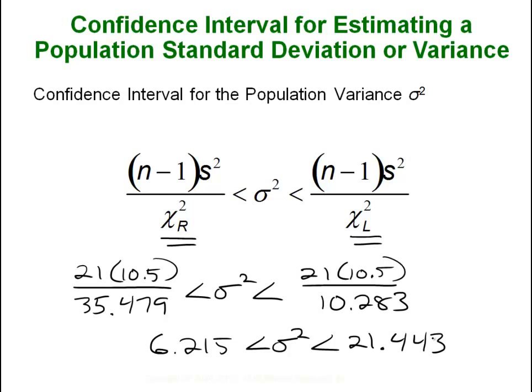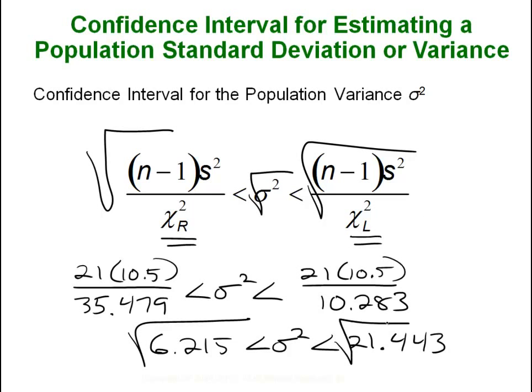If we wanted standard deviation, all we have to do is take square roots of everything, right? So take square roots of these two numbers, and then you have the confidence interval for your population standard deviation.